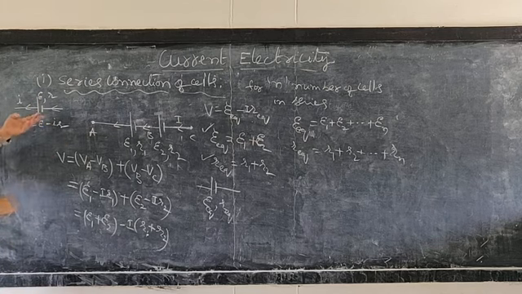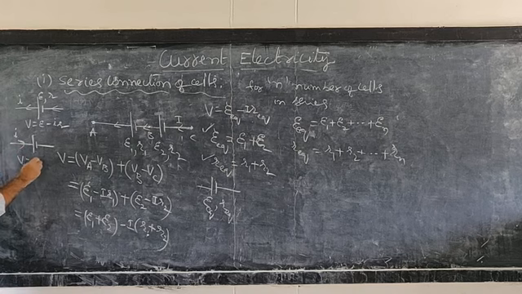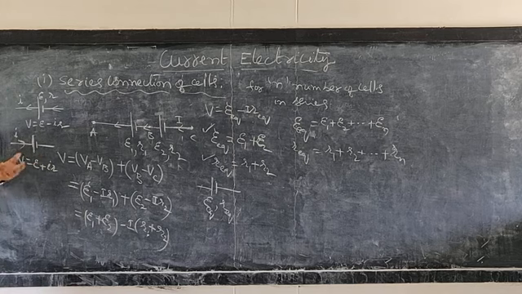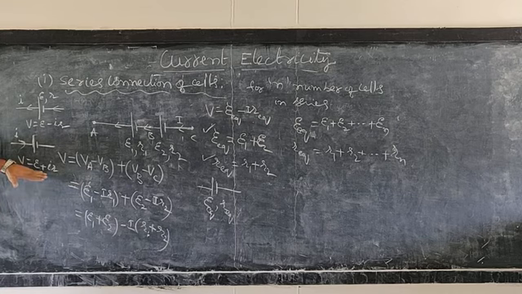In this case we say it is discharging. Suppose the current is going in like this, here V is equal to E plus IR. So this is the charging of the battery or a cell. You know very well about this. This is charging the cell, and this is discharging the cell.